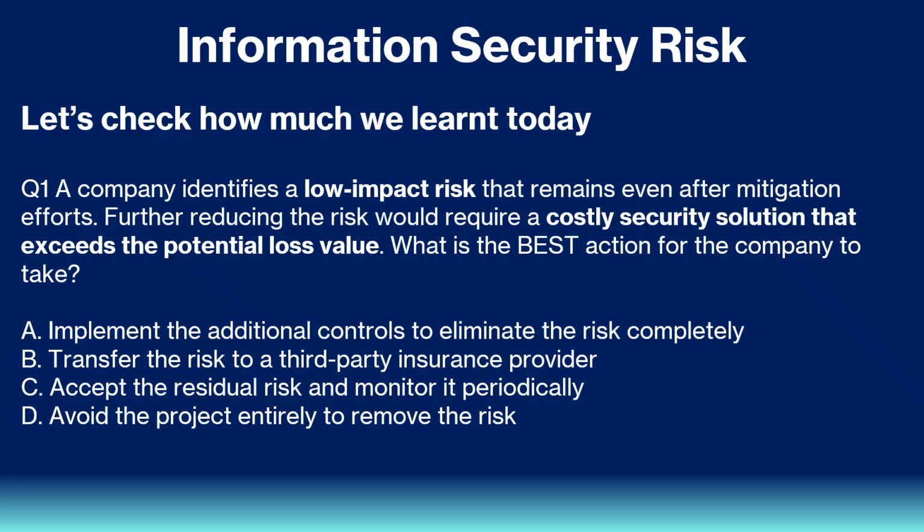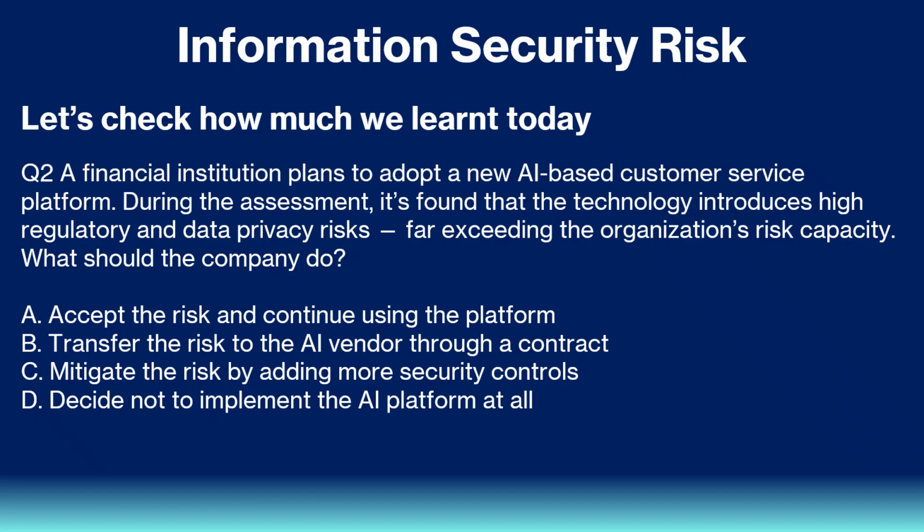What is the best action for the company to take? A. Implement the additional controls to eliminate the risk completely. B. Transfer the risk to a third party insurance provider. C. Accept the residual risk and monitor it periodically. D. Avoid the project entirely to remove the risk. I will be waiting for the answer in the comments.